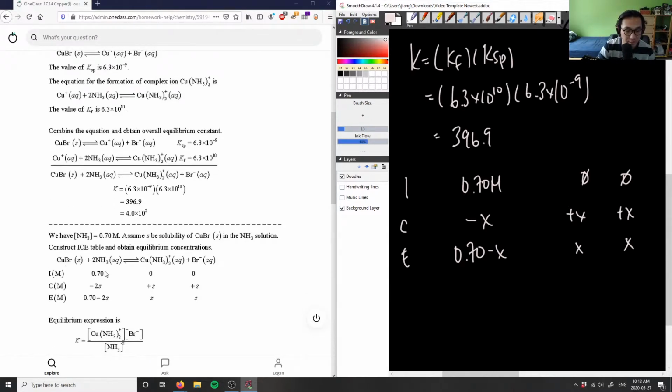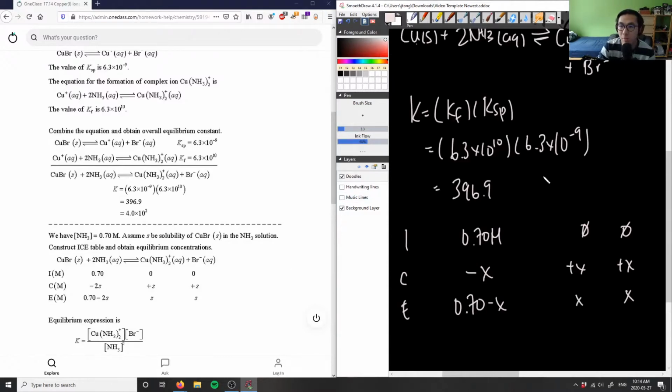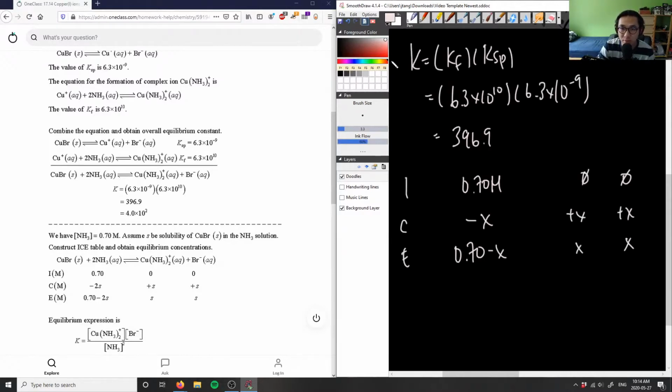And they wrote down the ICE table, and they have a 2 here. That's actually really good, because the ammonia also had a coefficient of 2, so I forgot to put the 2 here, that's my fault. Let me erase this. Let's see, how do I erase? Is this a soft eraser? Okay, nice.